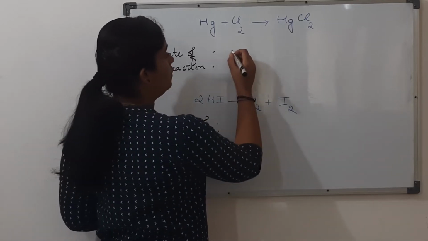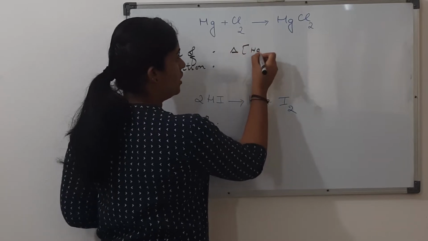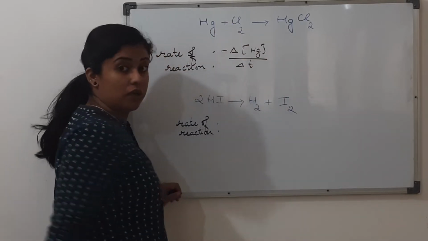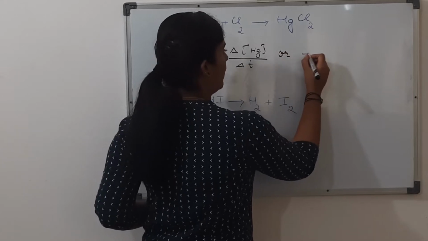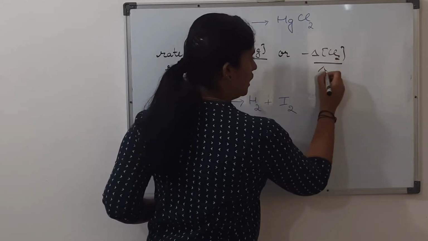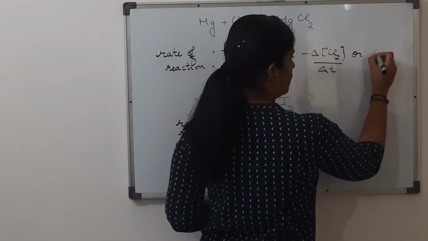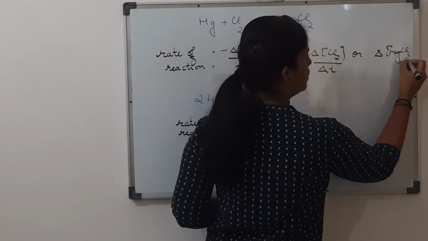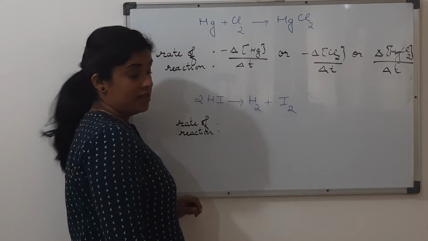The rate of the reaction would definitely be minus delta concentration of Hg by delta T, since for reactants we have to put a minus sign, or it can be minus delta concentration of chlorine by delta T, or in terms of product, when I write it, it's a positive value, so it's delta concentration of HgCl2 by delta T. So this is how we write it.